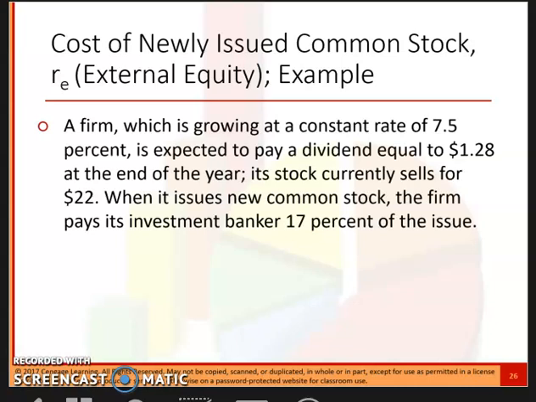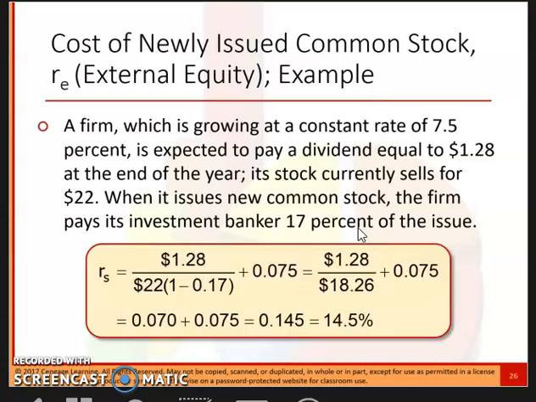Example here, we have a firm that's growing at a constant rate of 7.5%, expected to pay a dividend of $1.28. The stock currently sells for $22. This is the example we did before, actually. Now there's a 17% cost for an investment banker. That's an extremely high amount. Typically, an investment banker for underwriting stocks would charge anywhere from maybe 6 to 8%, or possibly even less, depending on the firm.